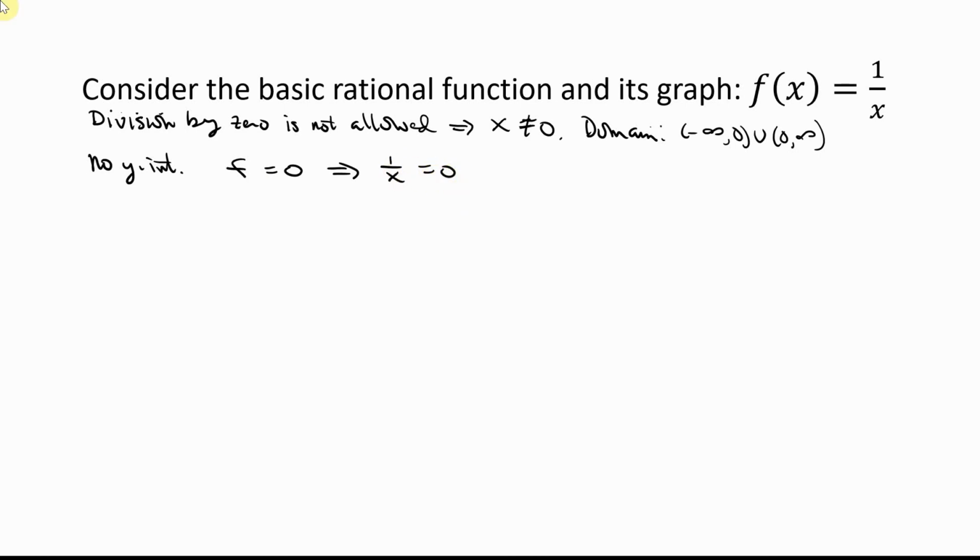We're going to solve for x, multiply both sides by x. If you can see what's happening, we're not going to get an x-intercept either. So we get x times 1 over x is equal to 0 times x. Well, this implies that 1 is equal to 0. Well, that's impossible.